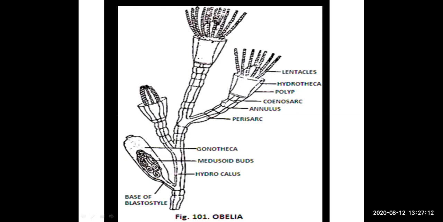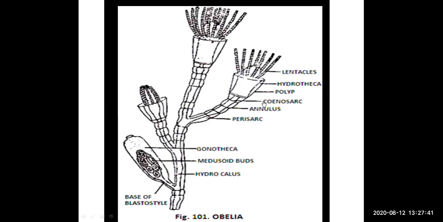At one end the cavity opens to the outside by the mouth, and at the other end it is connected with the coenosarc canals. The perisarc surrounds the hydranth.